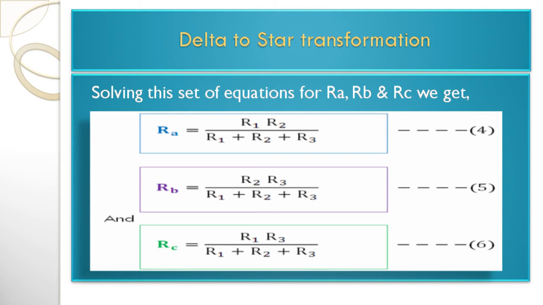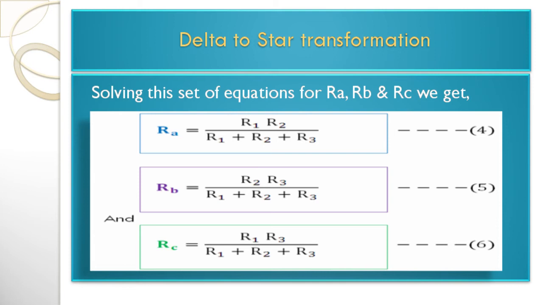RB is R2 multiplied by R3 divided by R1 plus R2 plus R3, which is equation 5, and RC is R1 multiplied by R3 divided by R1 plus R2 plus R3, which is equation 6.